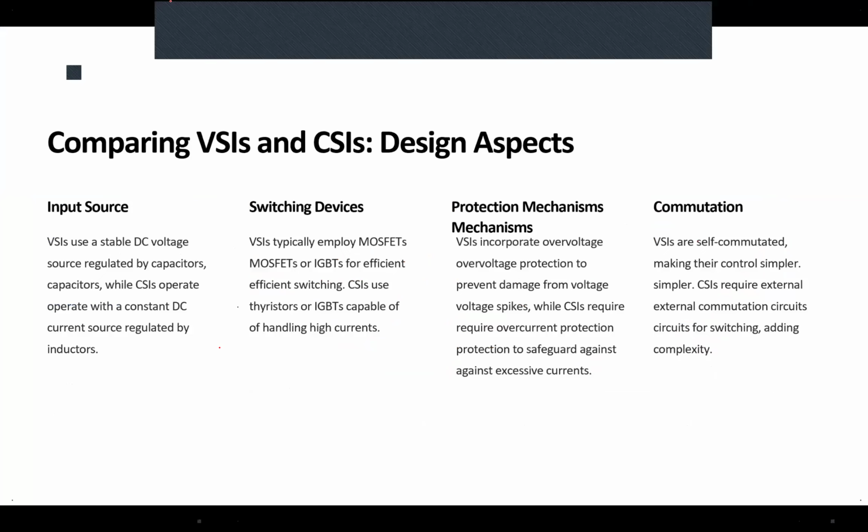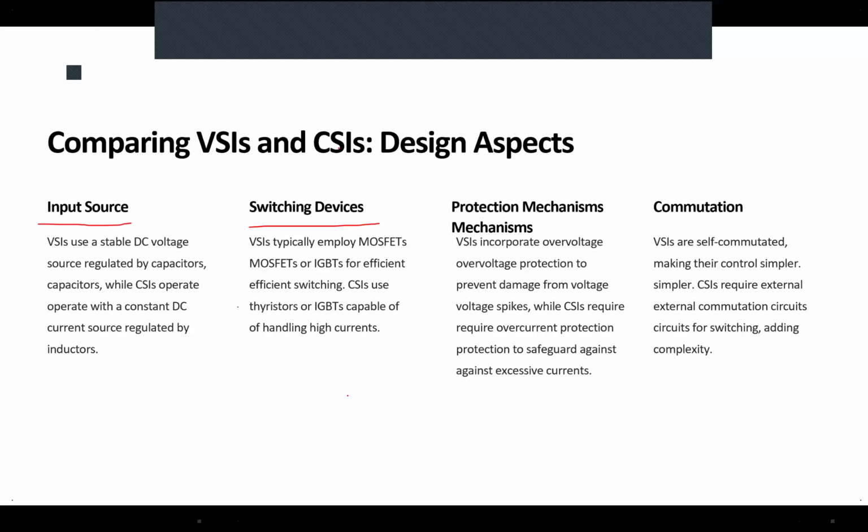Now, let's compare the general differences between the VSI and CSI. The basic difference we already know, we already talked about that: the difference between the inputs. One works with the voltage, the other works with the current.